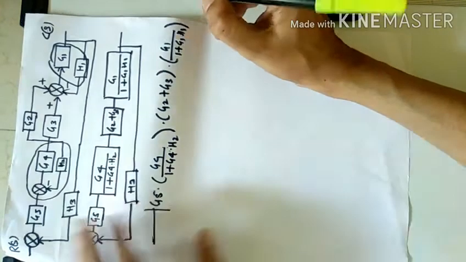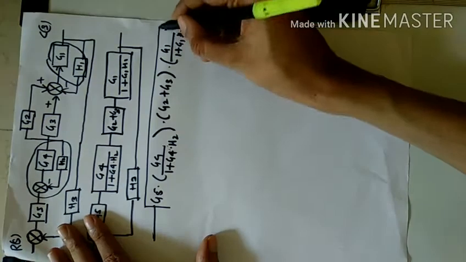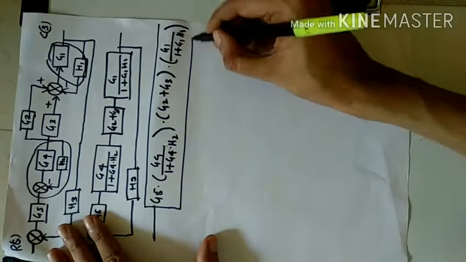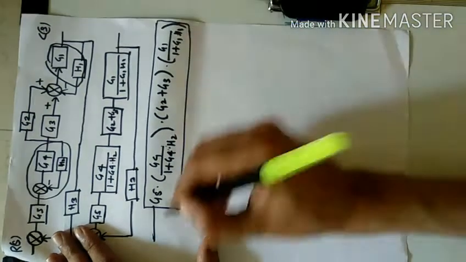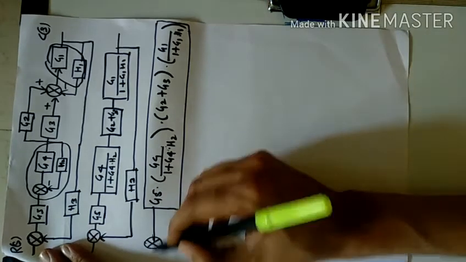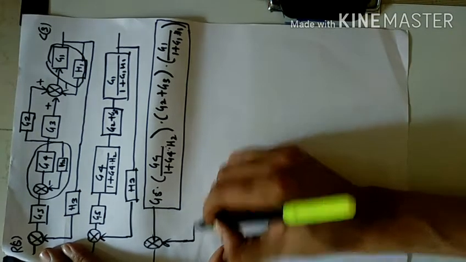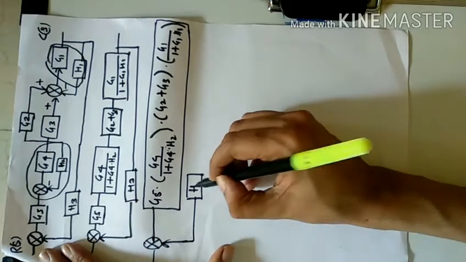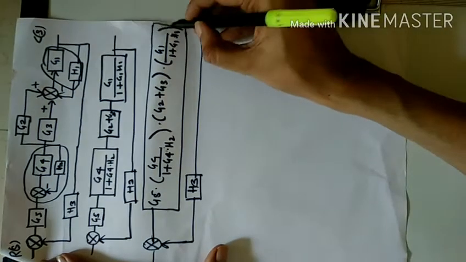This is the bracket. Okay. Then this whole will be converted into one block. This is the block, and here it is summing point, and here it is again H3. Here the feedback loop is complete.